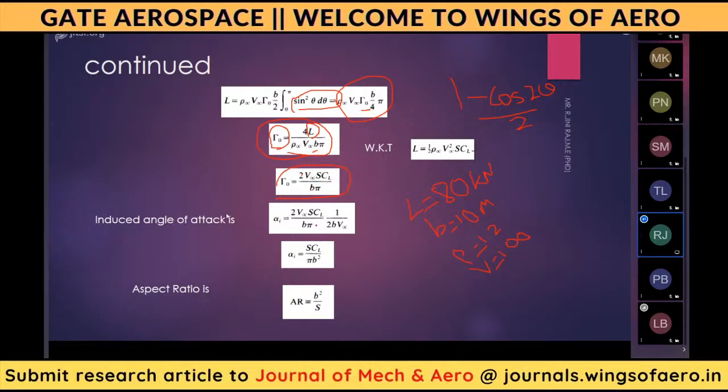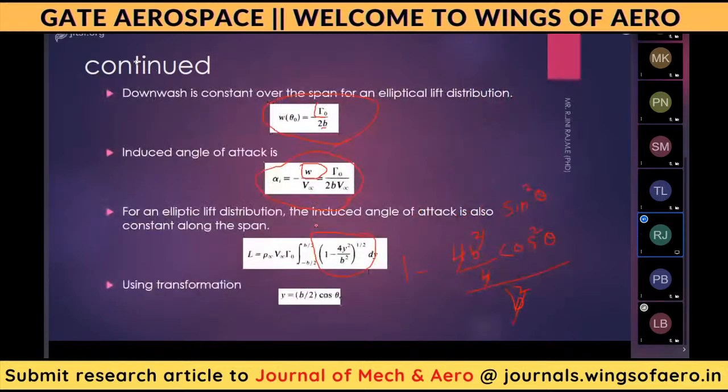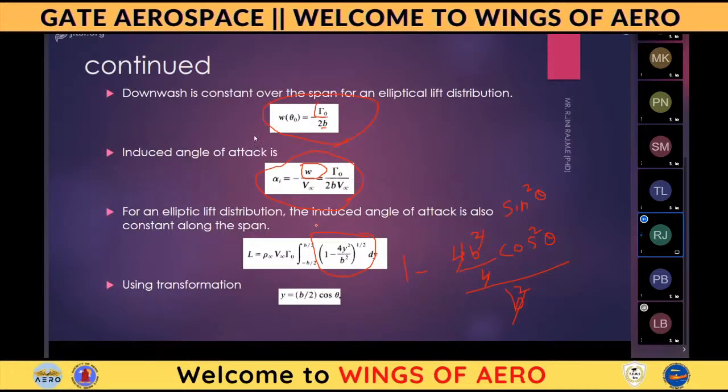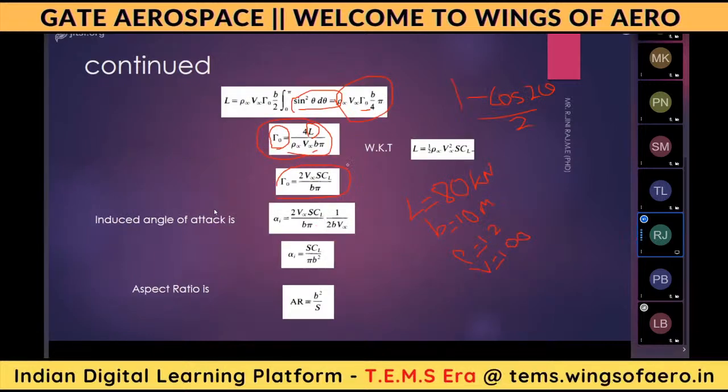Now see here, for the induced angle of attack, the formula is alpha I equal to gamma naught divided by 2B into V infinity. We found the gamma naught value here.